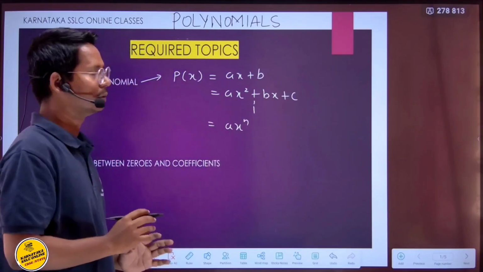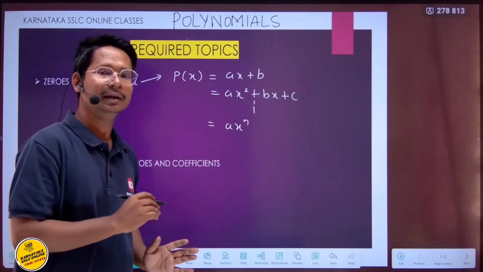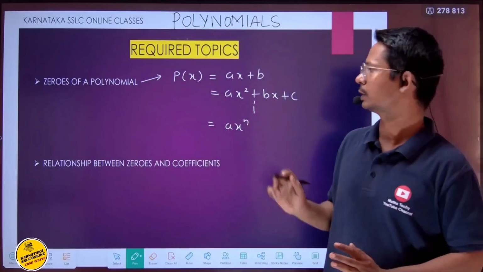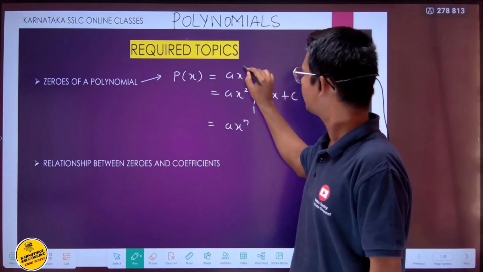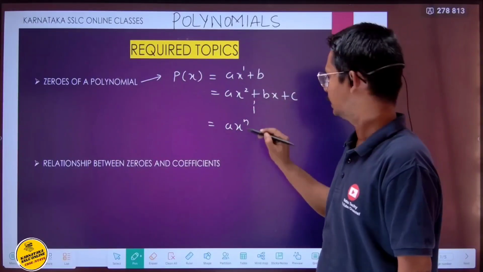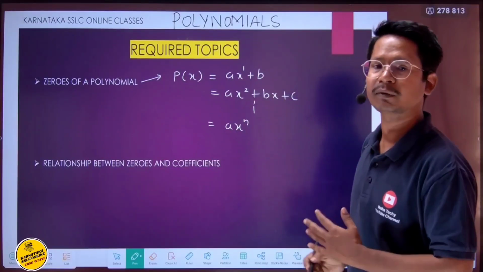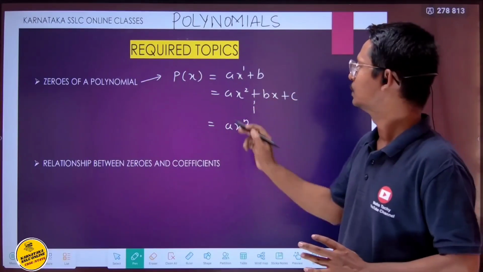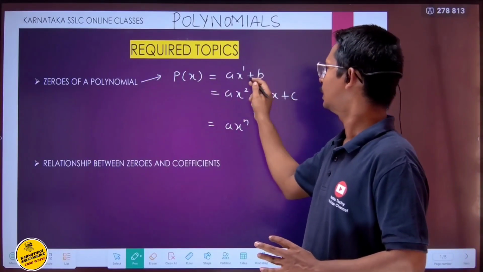For such a polynomial, the degree is the highest power of x. Here the highest power is 1, so the degree is 1. Here the degree is 2, and here the degree is n. So the highest power gives you the degree of that polynomial. These polynomials have only one variable.